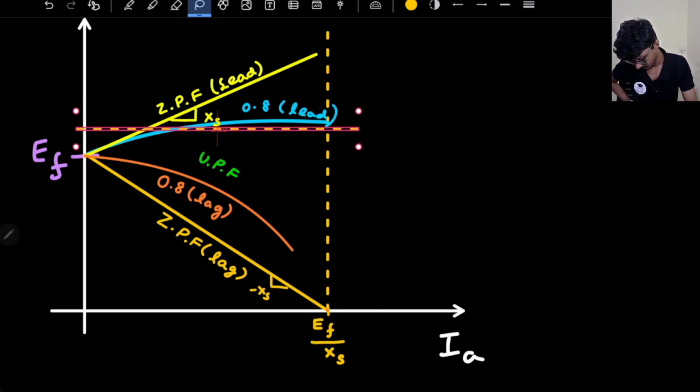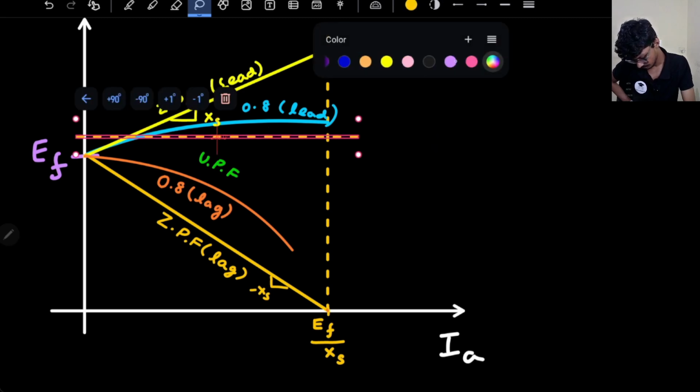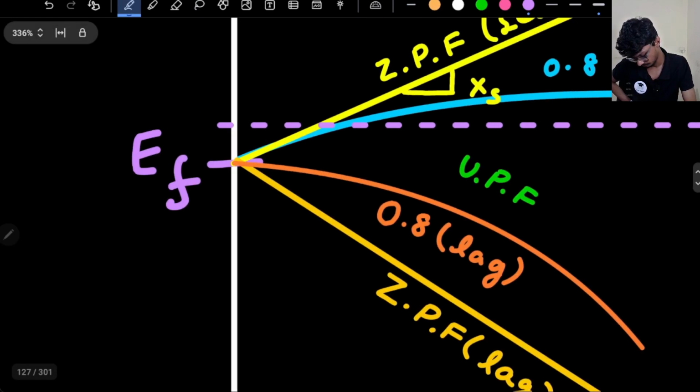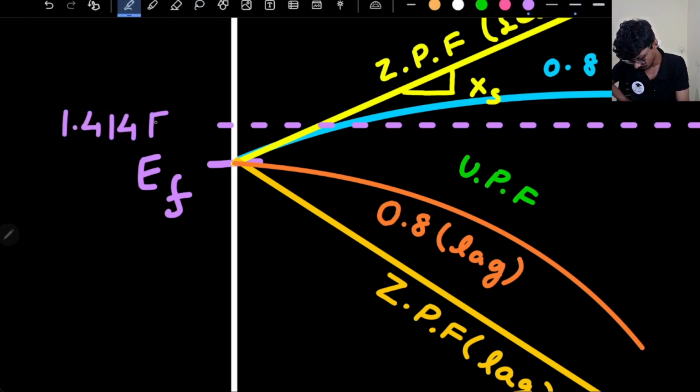Let me say this line is 1.414 Ef. So why is this point important?